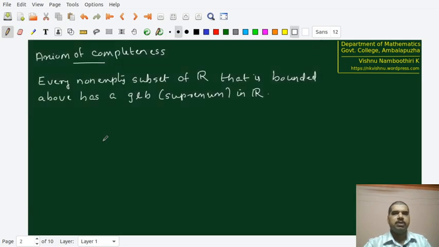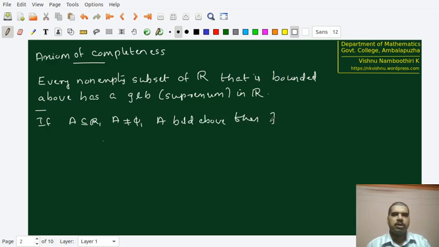So the axiom is: every non-empty subset of R that is bounded above has a LUB, or supremum, in R. According to this axiom, if A is a subset of R, A non-empty, A bounded above, then there exists S belonging to R such that S is equal to the supremum of A. This is what the completeness axiom says.